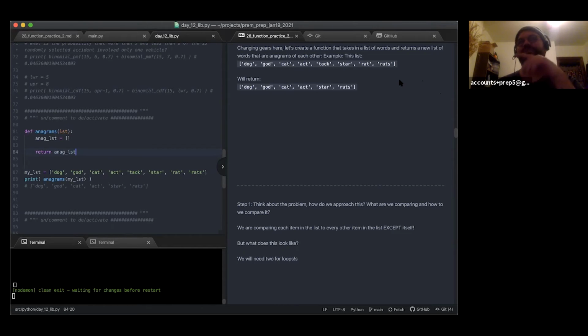So remember, it's not just the reversed version, it's the same letters in any order, including reversed, right? So we could do that as a particular case.